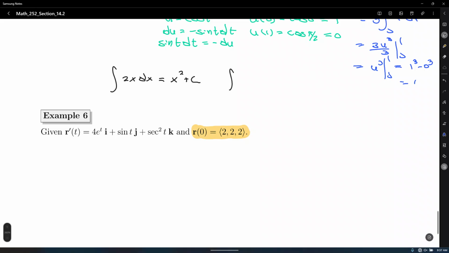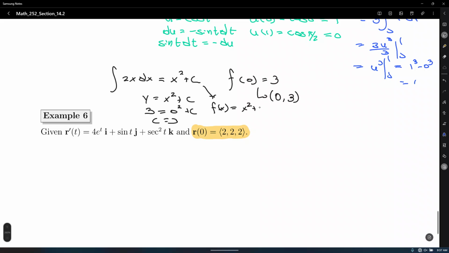Then you were given a condition, f of 0 equals 3. That means you're looking for the member of the family of parabolas, in this case, that contains the point 0, 3. What do you do? Okay, so y equals x squared plus c. Replace x with 0 and y with 3. That means c equals 3. So the function you're looking for is f of x equals x squared plus 3.